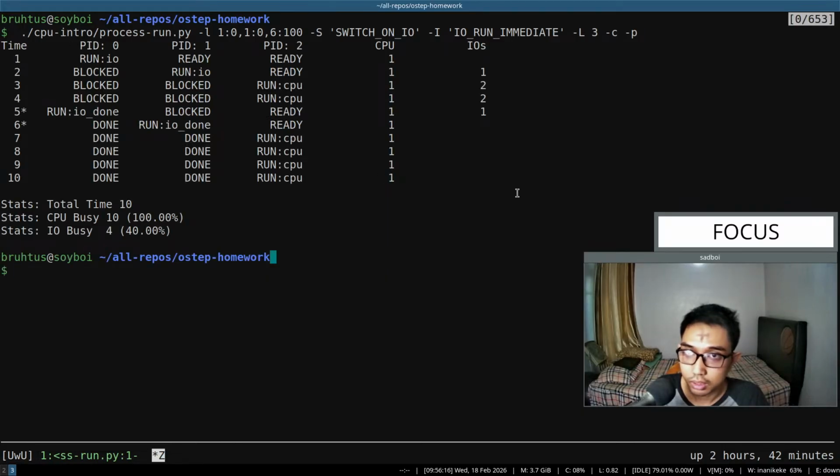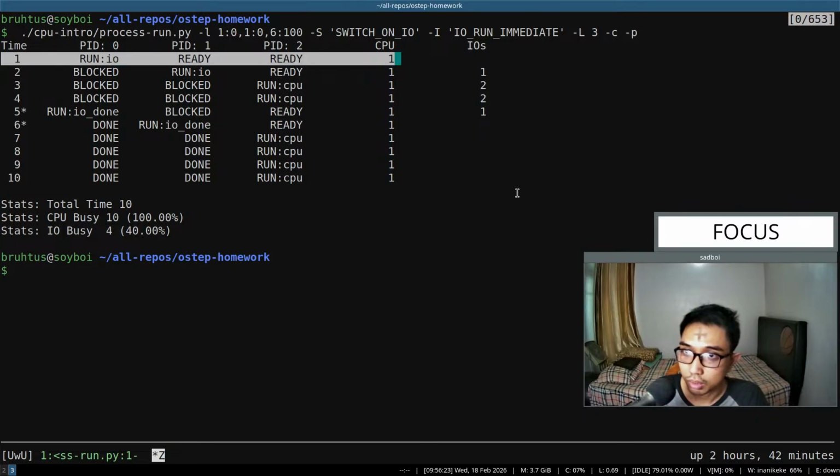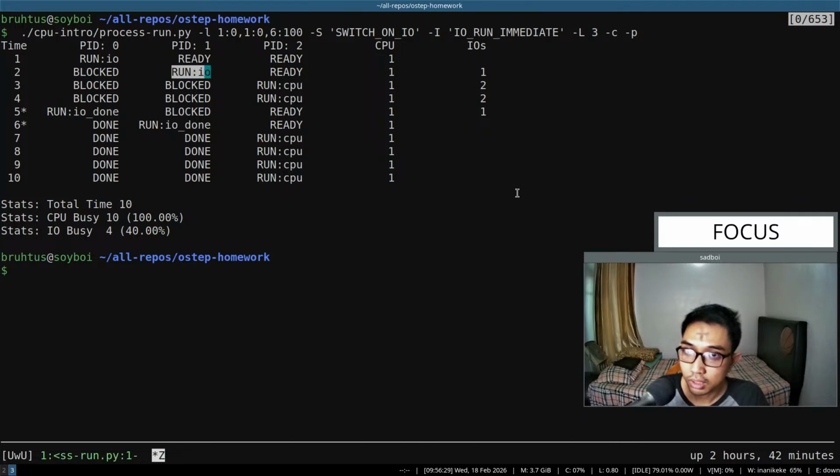So let's see. Okay, run input output, then block, right? Then run input output and then block again, and then we run the CPU, and then this one is done.